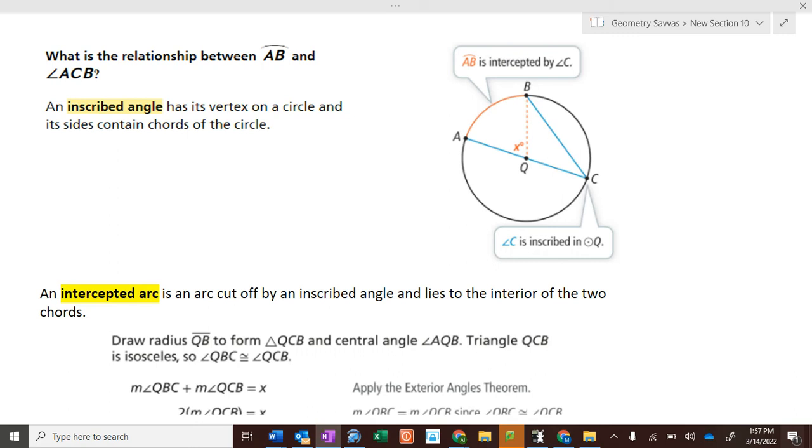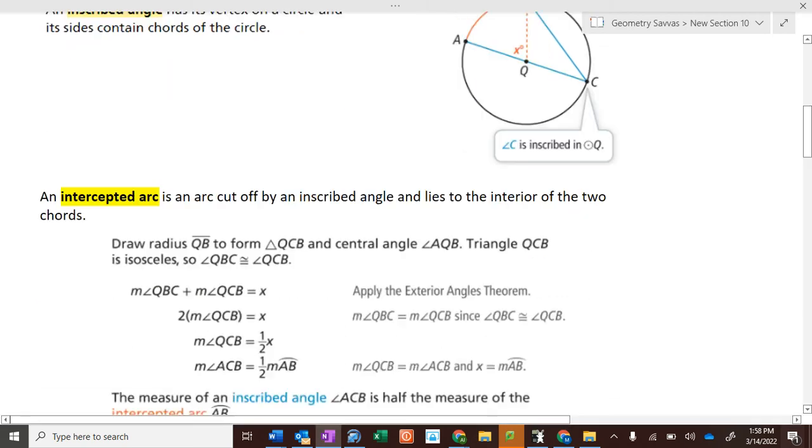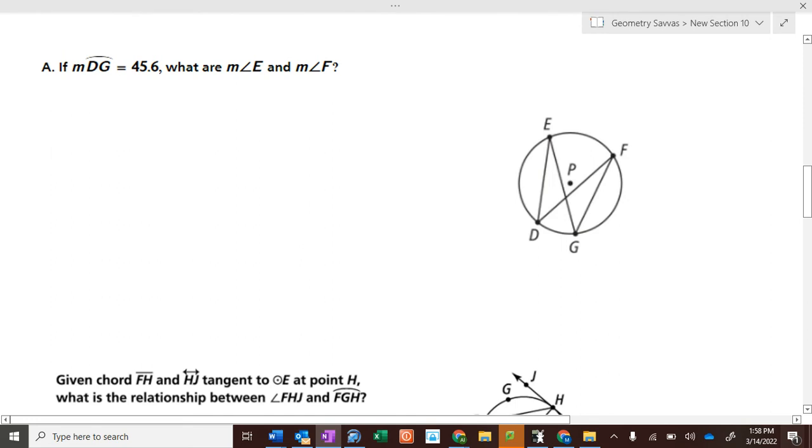If this arc is an 80-degree arc, how big would this angle be? 40. An inscribed angle is half the arc. So if DG is 45.6 degrees, how big is this angle here, angle E?